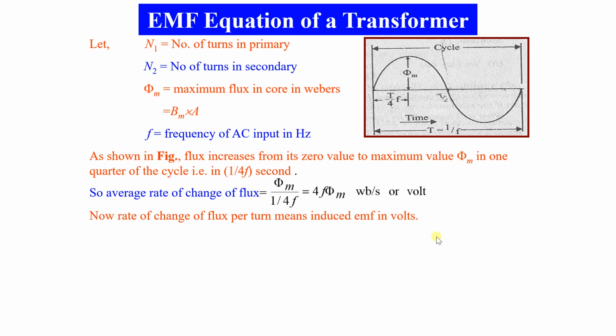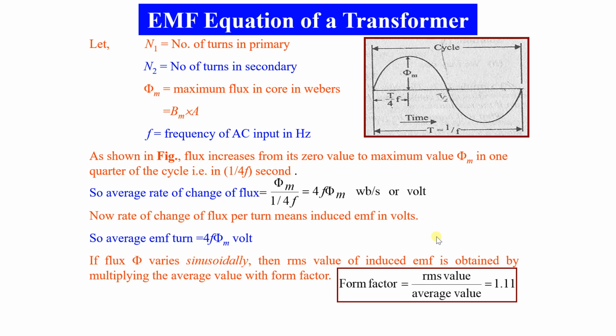Now the rate of change of flux per turn means induced EMF in volts. So average EMF per turn is given by 4f phi m. If flux phi varies sinusoidally, then the RMS value of induced EMF is obtained by multiplying the average value with the form factor.